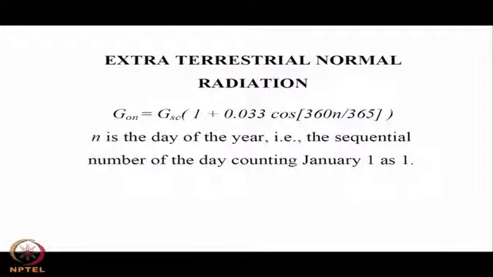So, now on an instantaneous basis, we know the extraterrestrial radiation, which is the intensity. At any given instant of time, this is the amount of radiation that will be received if there is a surface at the actual sun to earth distance on the day n.